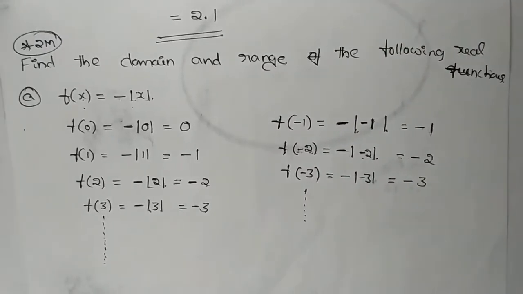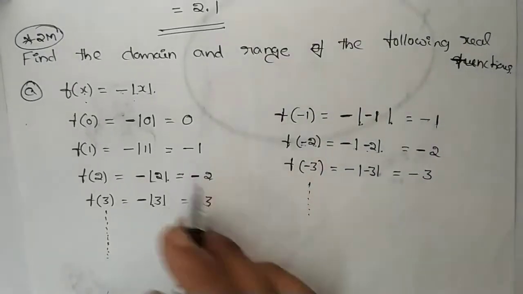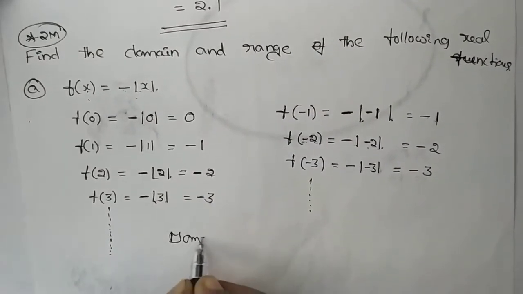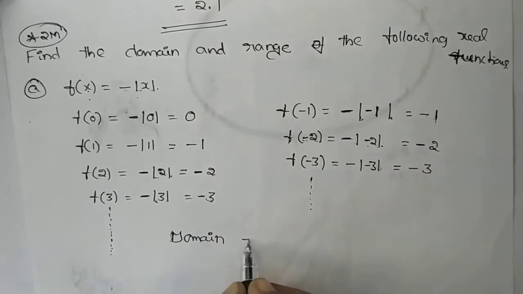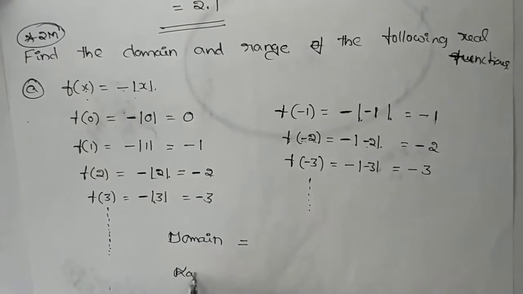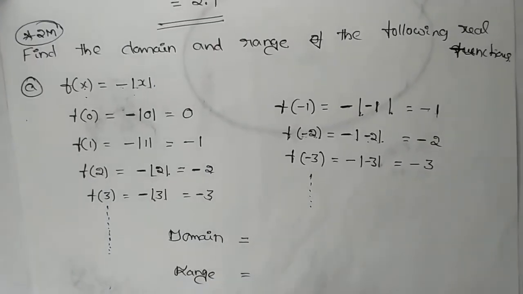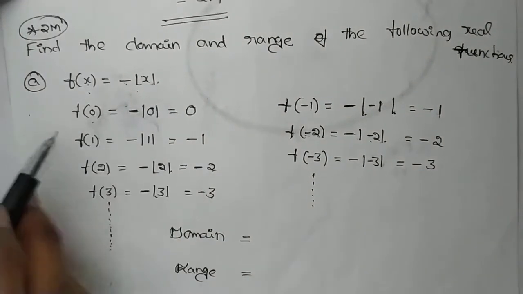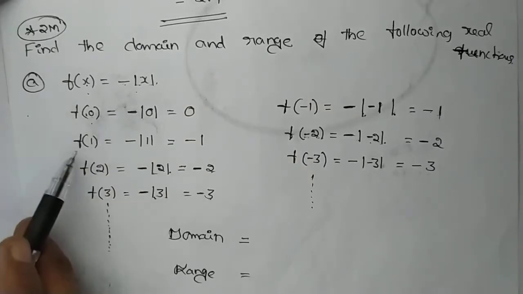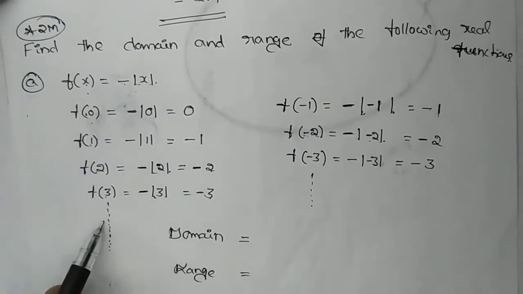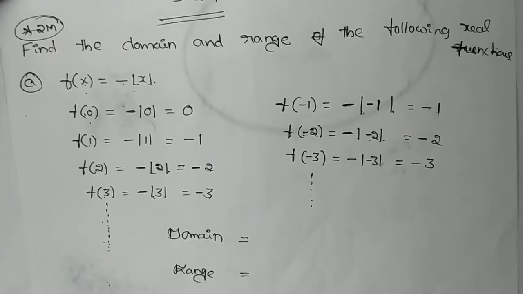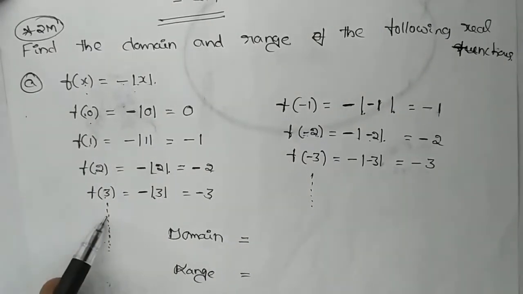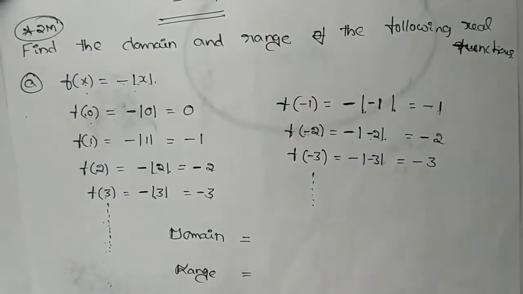Now what about the domain and range? You just observe this and write down the domain and range for this function. Domain is nothing but the values we are taking. You just observe: 0, 1, 2, 3, 4, 5, 6, 7, 8, 9, 10 and so on.